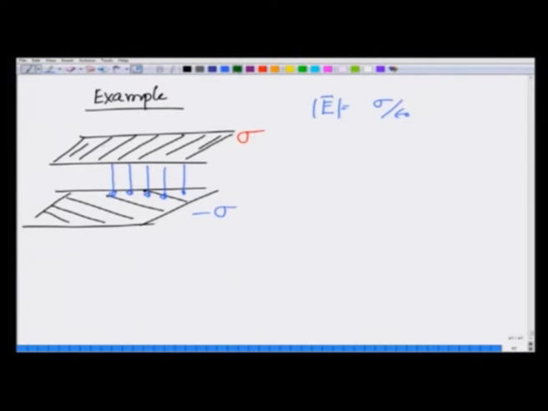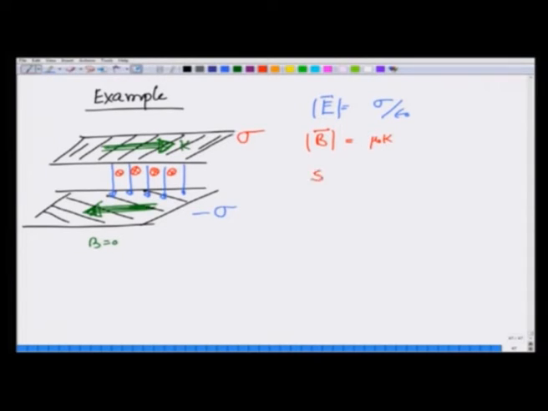Suppose now they also carry a surface current K, going to the right in the upper plate and to the left in the lower plate. Then by applying Ampere's law, you can easily figure out that B outside will be 0 and B inside is going to be going into this screen, and its magnitude is going to be k mu 0.